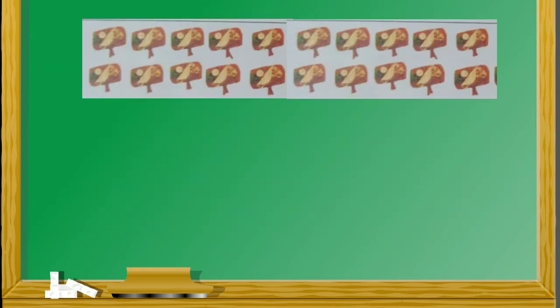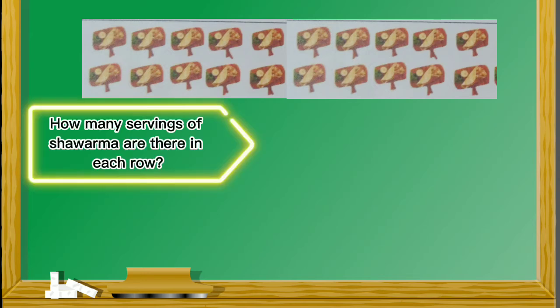So now, let's analyze that visualizing multiplication facts for numbers 1 up to 10. How can we answer the questions? Answer it through multiplication of numbers 1 up to 10. Now let us look at the illustration provided on the screen. How many servings of shawarma in each row do you see?